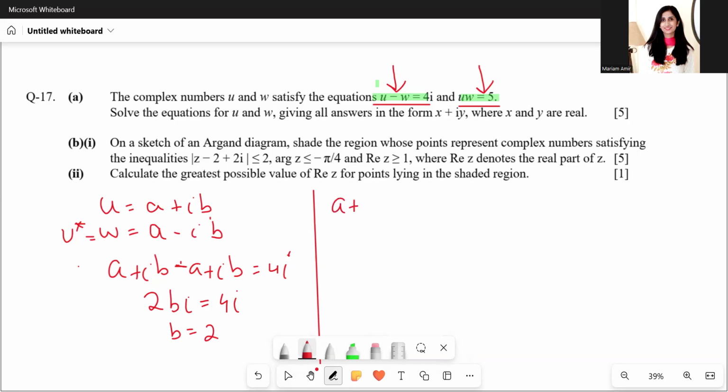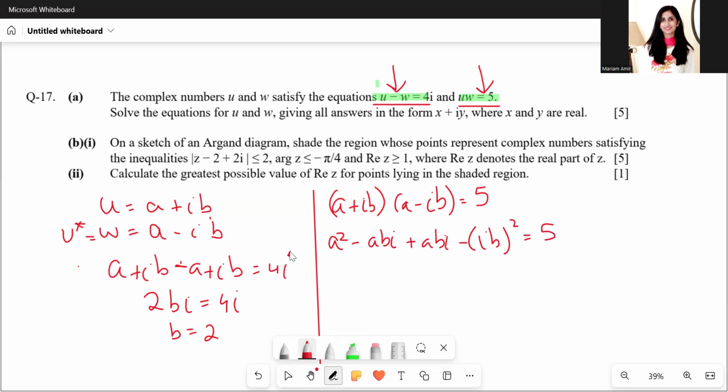So a plus ib times a minus ib is equal to 5, which is giving us a squared minus abi plus abi minus (ib) whole squared equals 5. (ib) whole squared becomes minus b squared, and there's a minus outside, so it will become plus b squared.